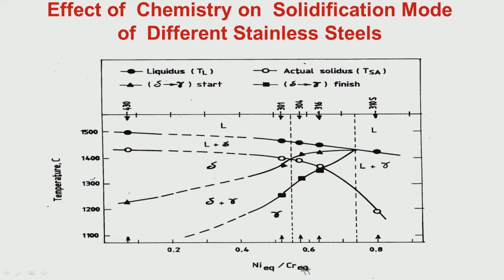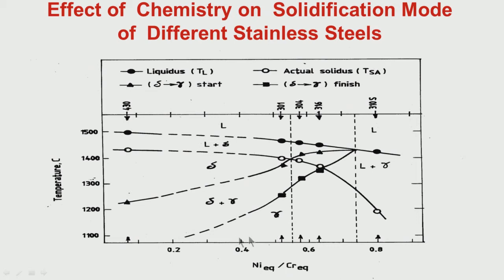If you have it more than 0.55, look at this particular grade 310S, it is very much austenitic, only austenitic solidification is taking place: liquid, then liquid plus gamma, then finally gamma. So, like percentage carbon indicating the mode of solidification, here nickel equivalent by chromium equivalent is indicating the mode of solidification, the solidification sequence.